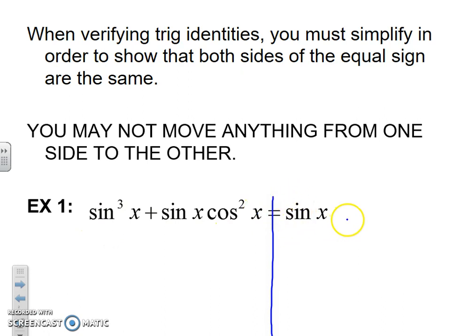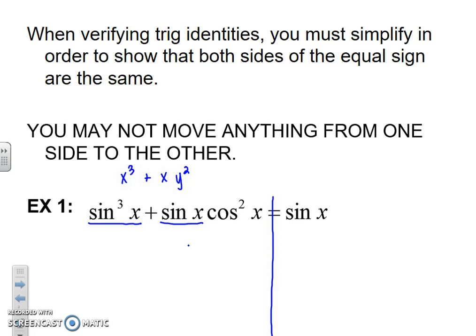There's not much we can do to sine of x. So we have sine cubed x plus sine x cosine squared x. One thing I notice is that I've got 3 sine x's here and 1 here. So this is kind of like having x to the third plus xy squared, and if I have that, I could factor out an x.